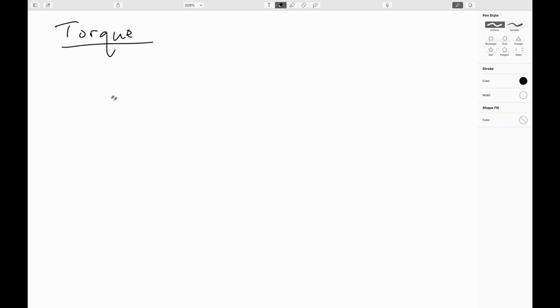So we will start by defining an axis of rotation. This axis of rotation is pointing in and out of the screen at you. I just drew an X showing where it cuts through the screen, but it's actually a line that goes in and out of the screen. Now over here, at this point right here, we'll call this the point of application of the force.